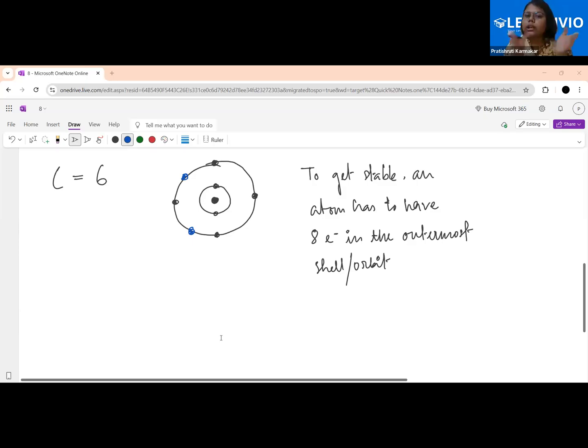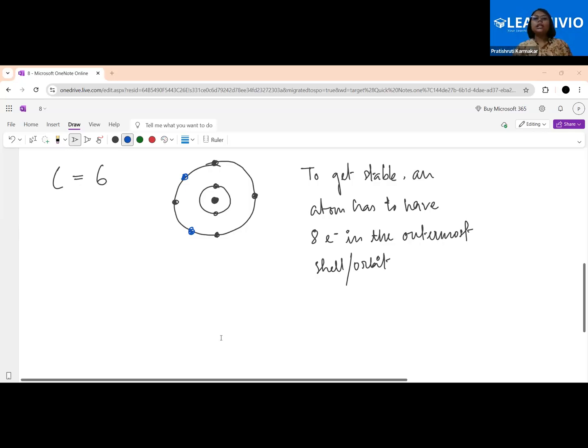So it can make bonds in two ways, one ionic and another covalent. But in the ionic way, if we incorporate 4 more electrons in the outermost shell of carbon, it becomes an energetically very unstable structure. That's why carbon prefers to share electrons with other atoms.